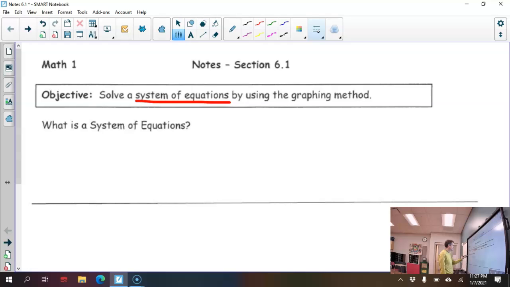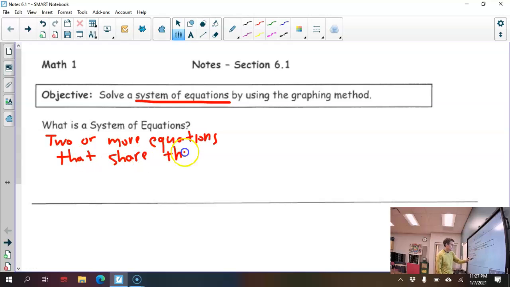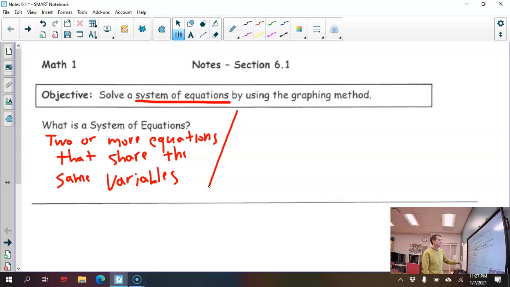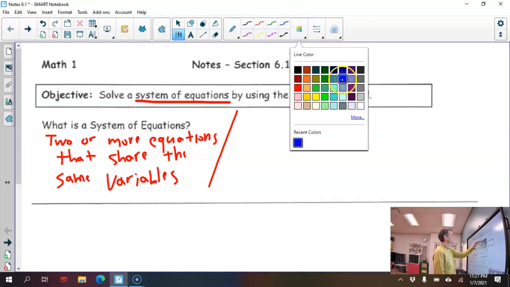It is two or more equations that share the same variables. Two or more equations that share the same variables.